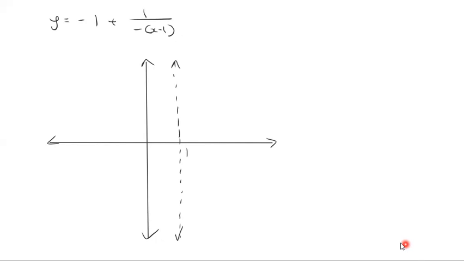Okay. I know that my y can't equal -1. Now, when x equals 0, y equals 0, it's a negative parabola, which means that instead of going this way and this way, it's going to go this way and this way. And so we already have our graph.